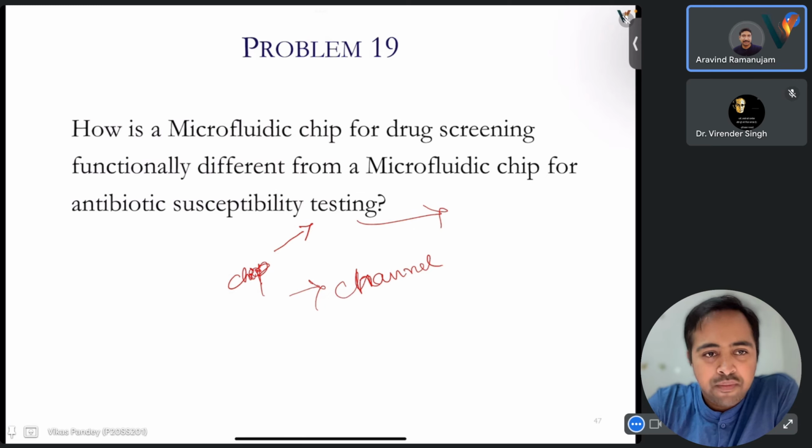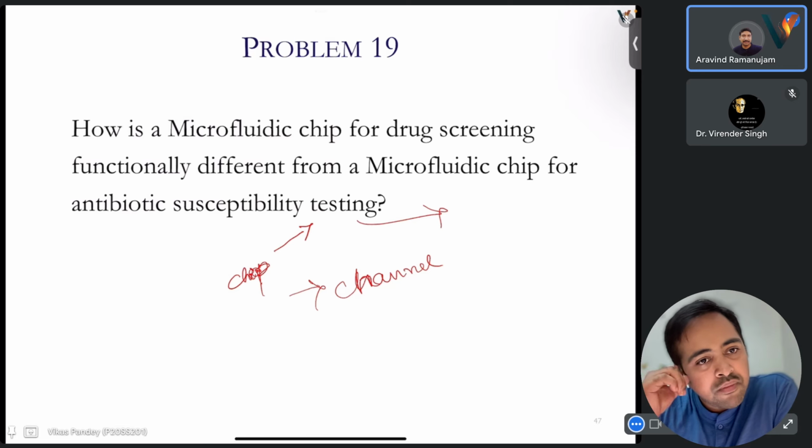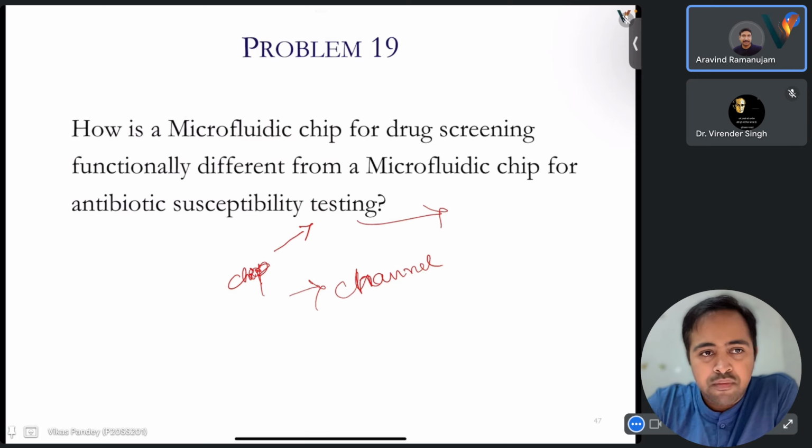We can use a larger number of drugs to test on the cancerous tissue, whereas in the second case, it is only antibiotics, testing how they reduce the growth of the bacteria.